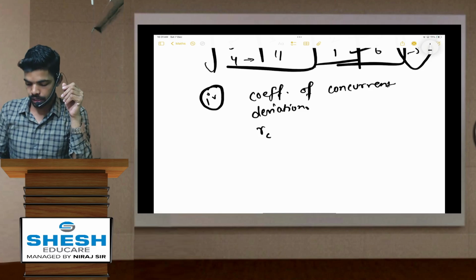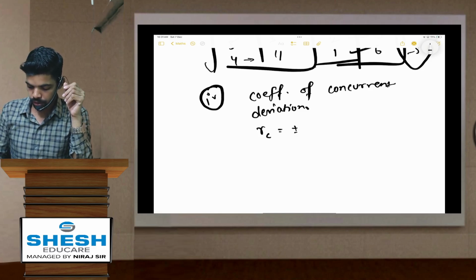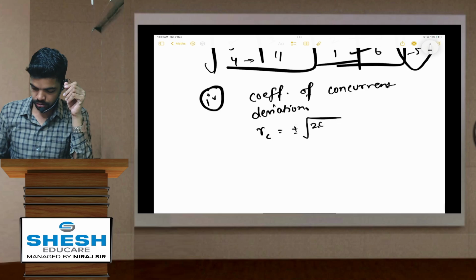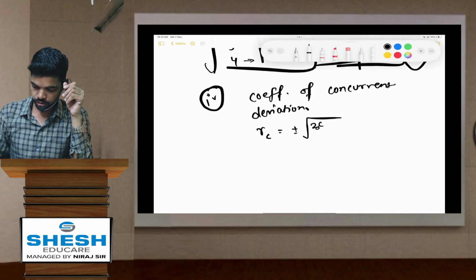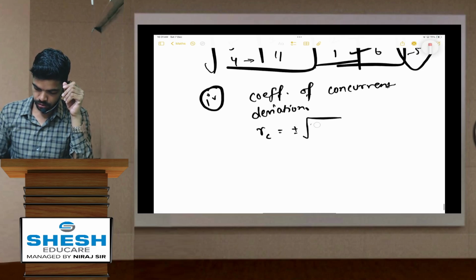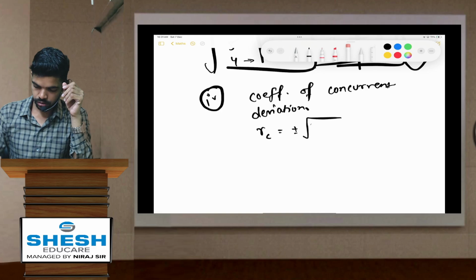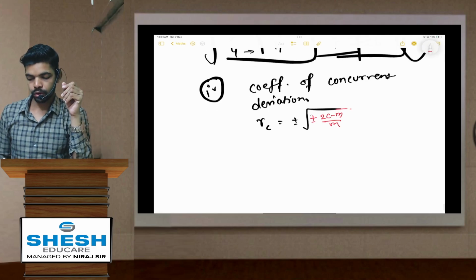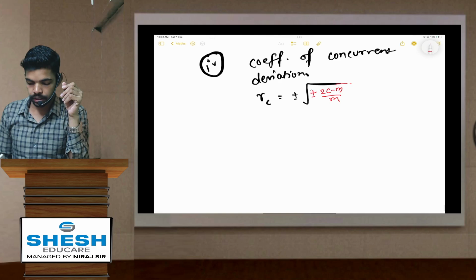Rc we denote, and the formula is plus or minus root of plus or minus 2c minus m upon m. Here also you have plus or minus. Coefficient of concurrent deviation, it's very easy.